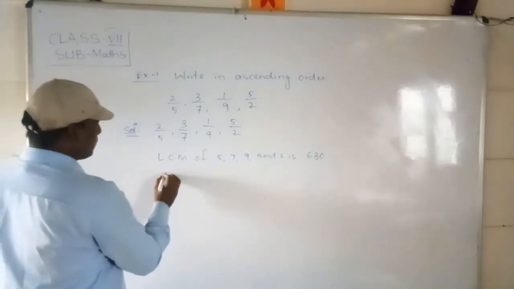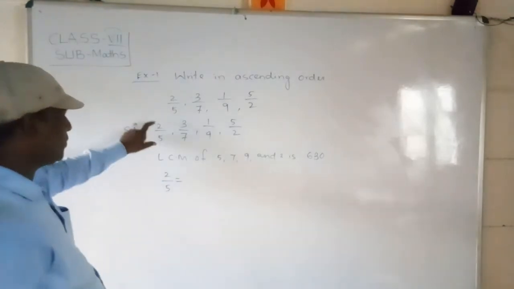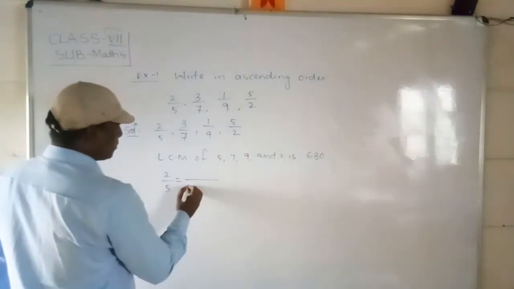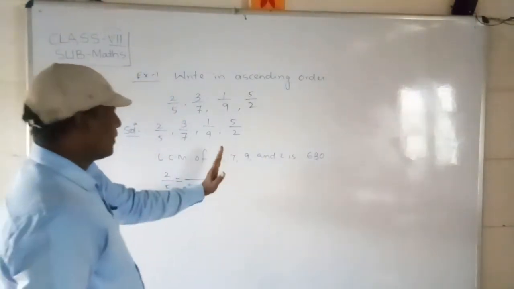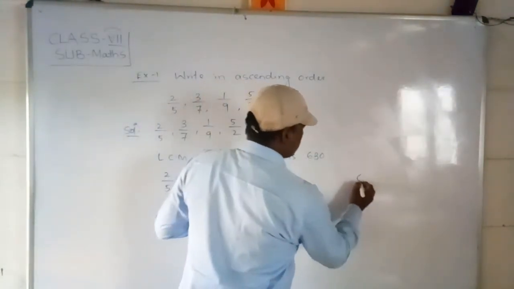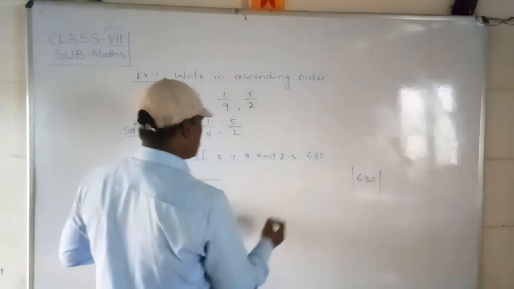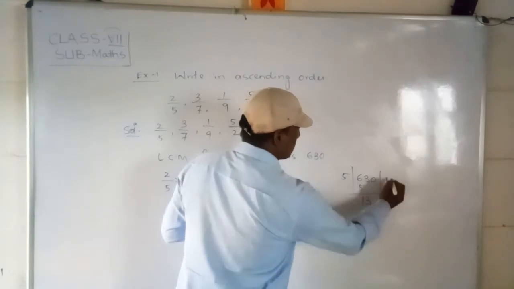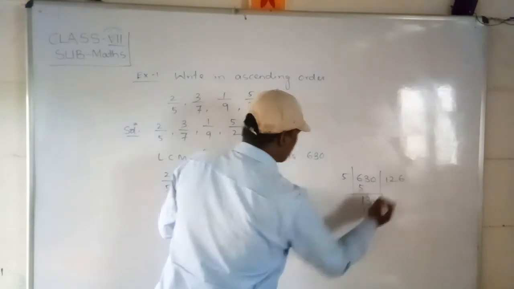Now 2 by 5 is equal to, the denominator should become 630, observe friends. 5 into what number gives 630? Divide 630 by 5: 5 1s are 5, 5 2s are 10, 5 6s are 30, so 126.